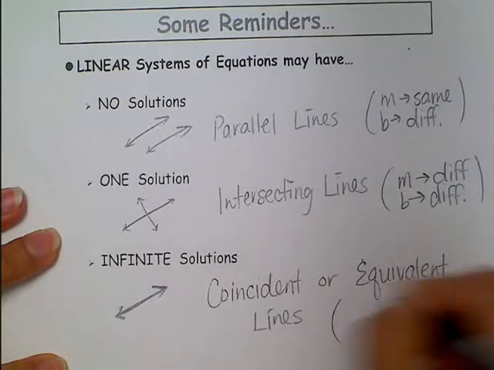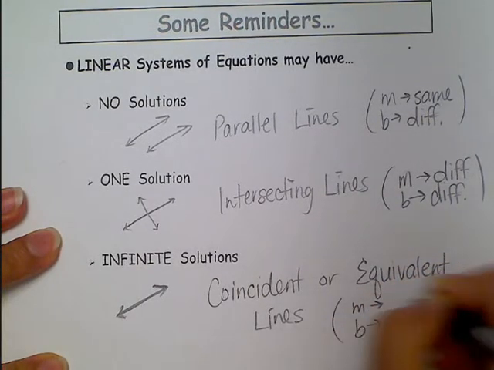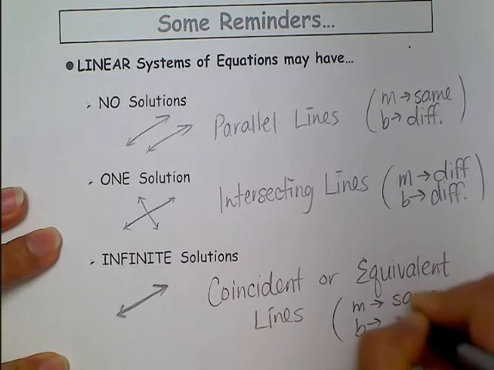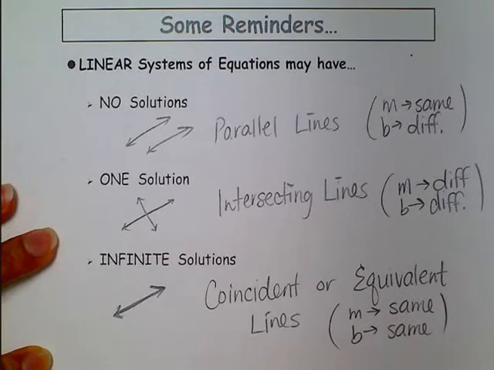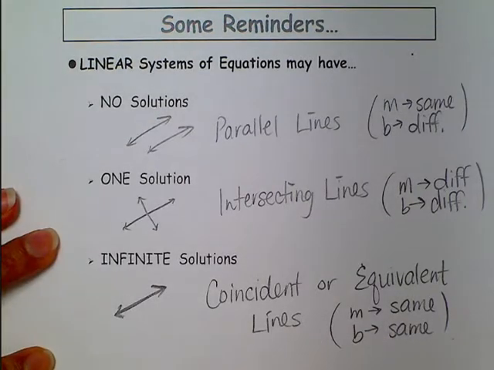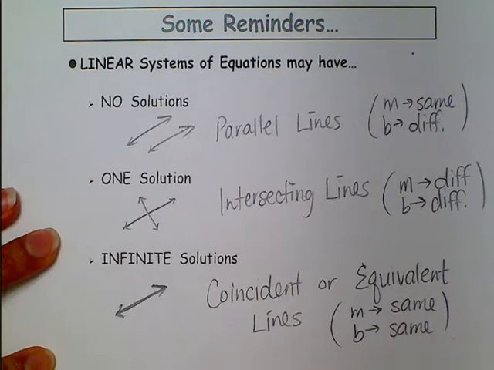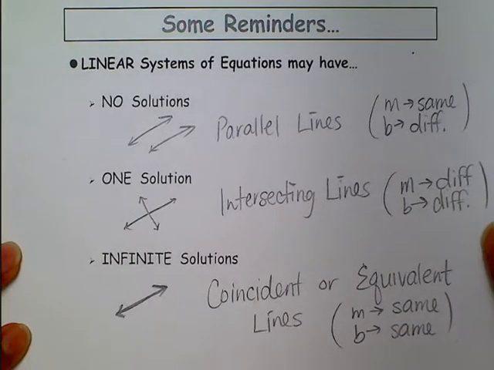For coincident or equivalent lines, because the equations are exactly the same, both the slope and the y-intercept were the same. Okay, so those are some things from last year. Unfortunately, this year, because you're looking at a line and a curve, you won't have parallel, intersecting, or equivalent, because one of the equations is the equation of a line and the other is the equation of a curve, either a parabola or a circle.